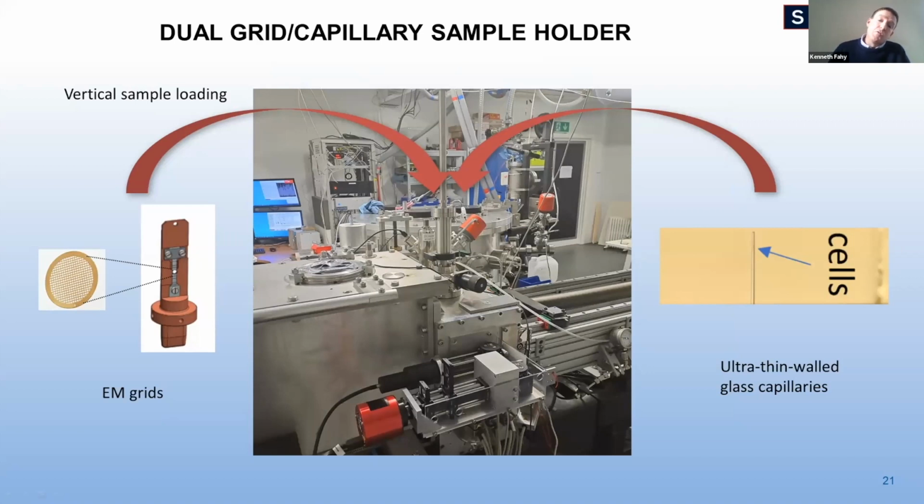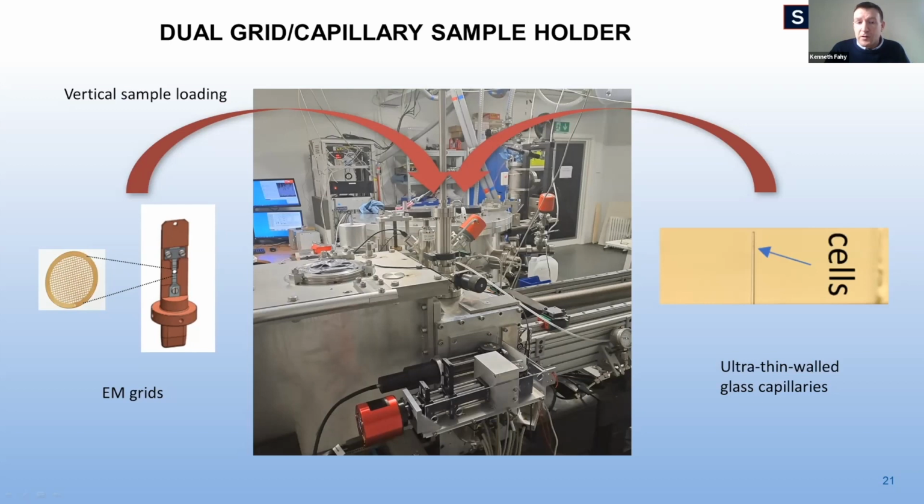This approach would be most suitable for cells in suspension, but could be used potentially for adherent cells as well. The nice thing about capillaries is that they allow 180-degree rotation, thus eliminating the missing wedge of information that comes from limited tilt tomography. We will use our base cryo stage to facilitate capillaries as well.